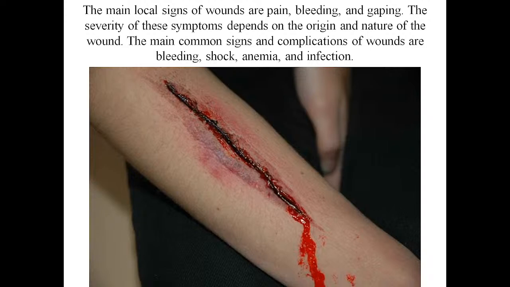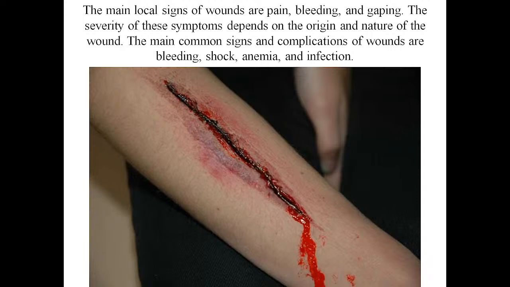The main local signs of the wound, its clinical symptoms. And you must remember, the wounds have clinical symptoms. It's pain, bleeding, and gaping.